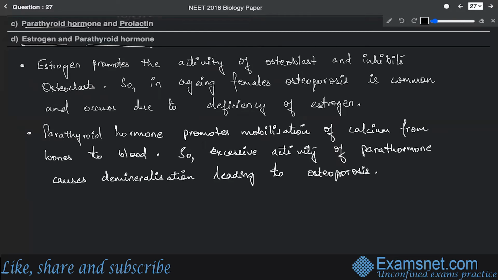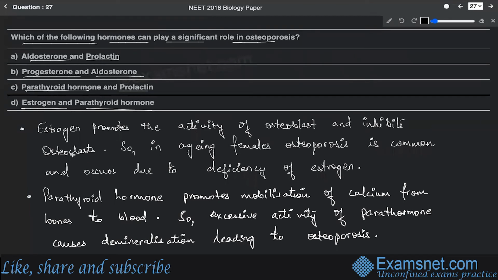All right, so this is the reason. So that means there are two important hormones which are responsible for the disease of osteoporosis. So this is estrogen and parathyroid hormone. So let us take a look. So option D here is coming out to be the correct answer. Estrogen and parathyroid hormone.